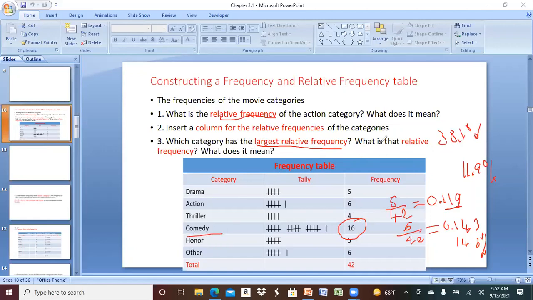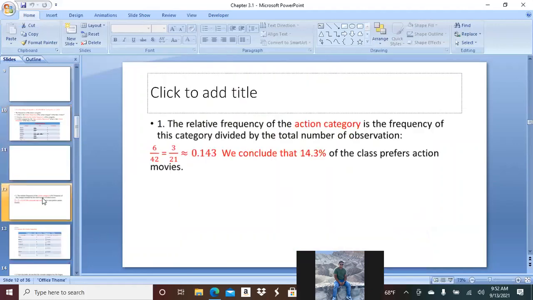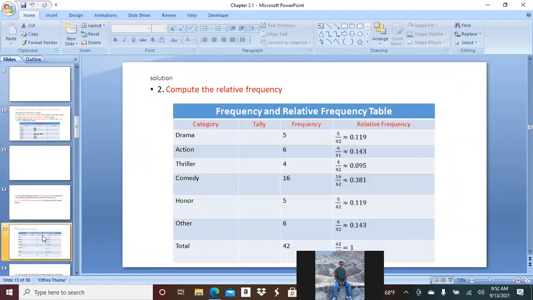This is the comedy. That's it. There are many people who prefer the comedy movie. That is how to find the relative frequency.